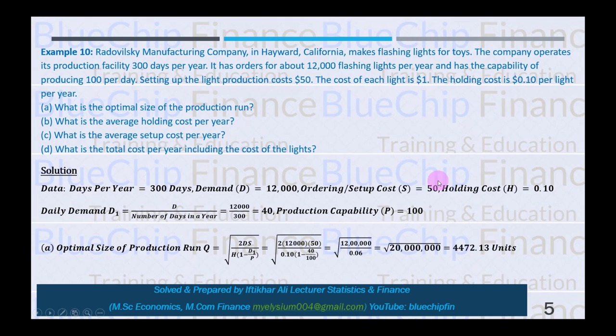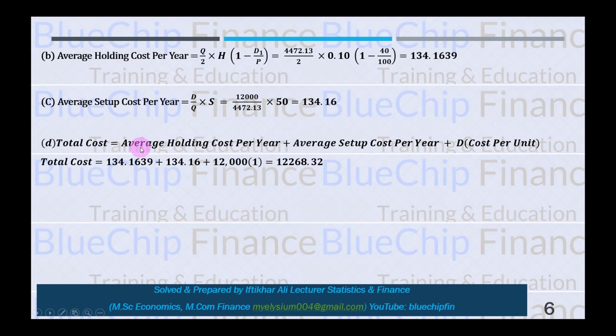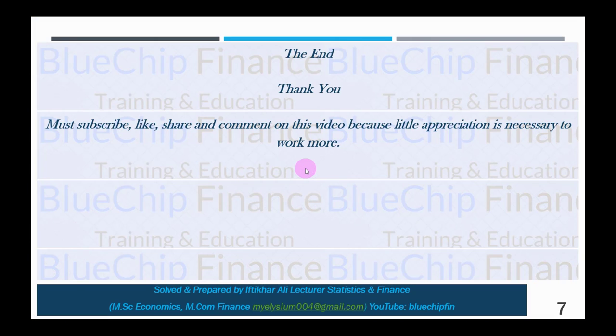So total cost is average holding cost per year, that is 134.1639, plus average setup cost per year, that is 134.16, plus D, your annual demand of 12,000, times each unit cost of $1, and your total cost is 12268.32.